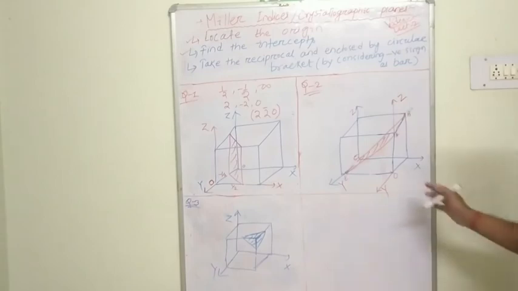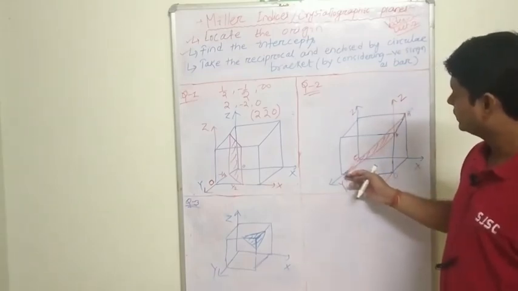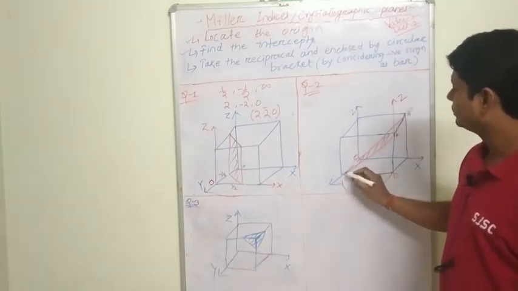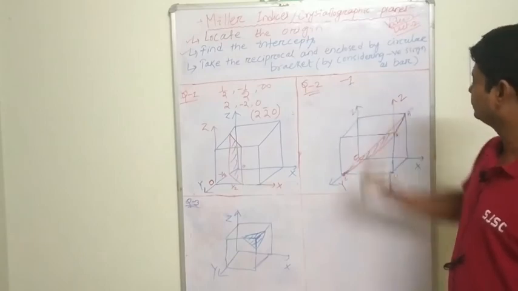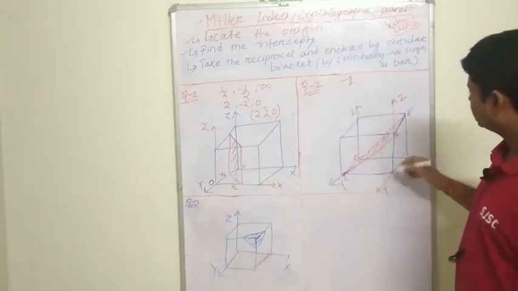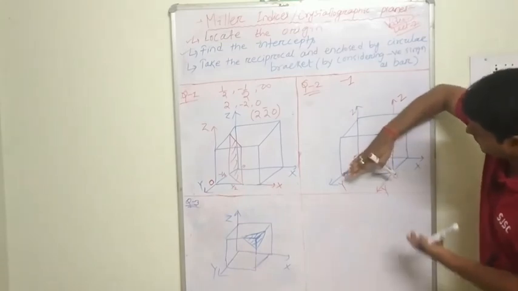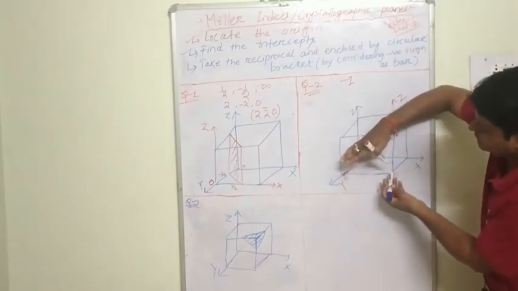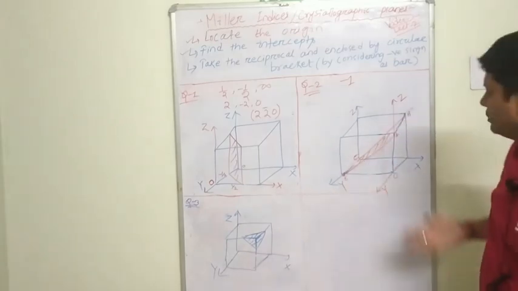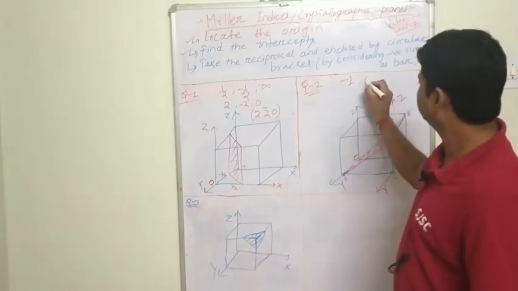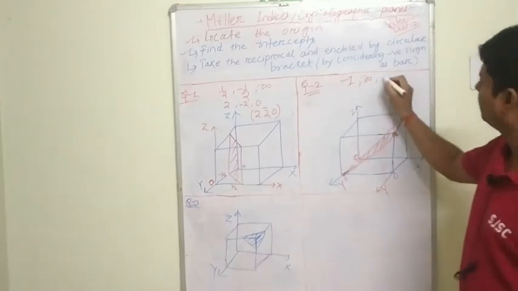Now if this is the origin and I move minus 1 distance, I am going to reach this point. So the x intercept is minus 1. For the y intercept, if the plane is like this and the y axis is like this, it will be cut at infinite distance. So the y intercept is infinite, and the z intercept is 1.